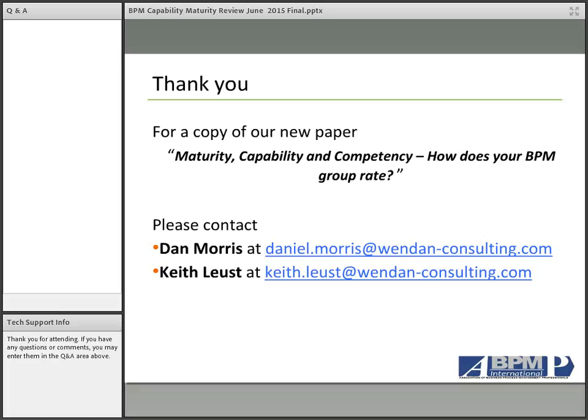BPM and business transformation itself has one real benefit that a lot of things have never had, and that includes business reengineering, which was followed by business improvement.